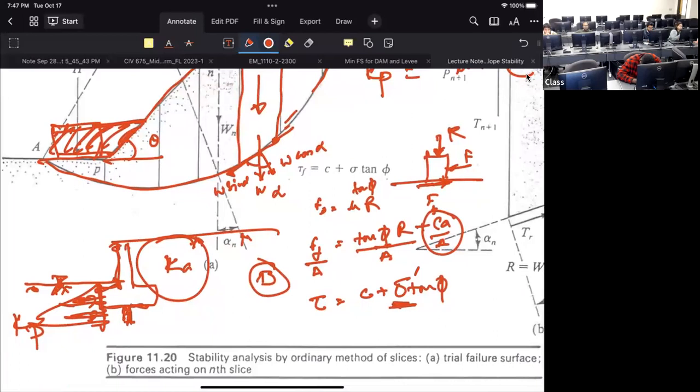So when there is water, you have W cos alpha, but you also have a buoyancy effect from the water. So your W cos alpha goes down. And W sin alpha will increase because your weight is increased. So whenever there is water, that's a deadly combination for the slope.